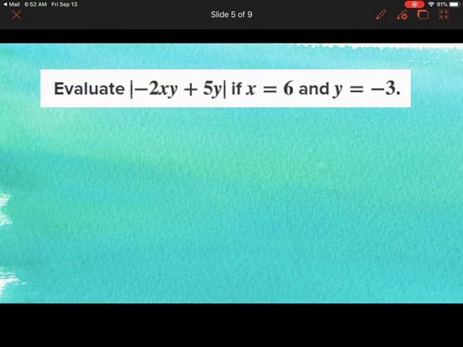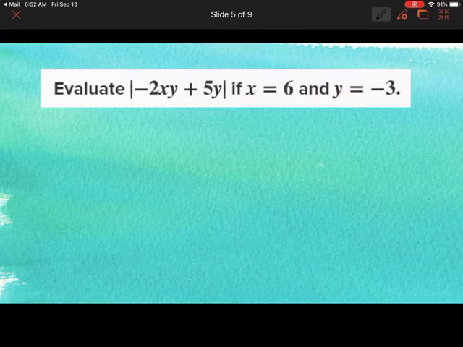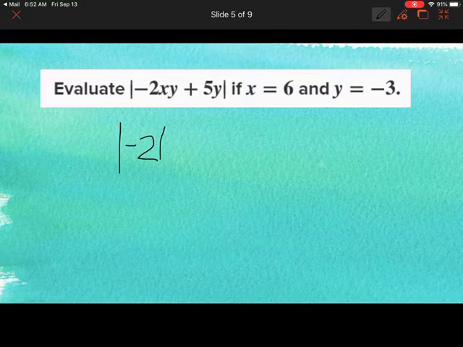So here we go into the nitty-gritty. We're going to evaluate this expression. So first things first, just like we did with regular expressions, we substituted for x and y. So I'm going to do that. I'm just going to bring it down with the substitutions.